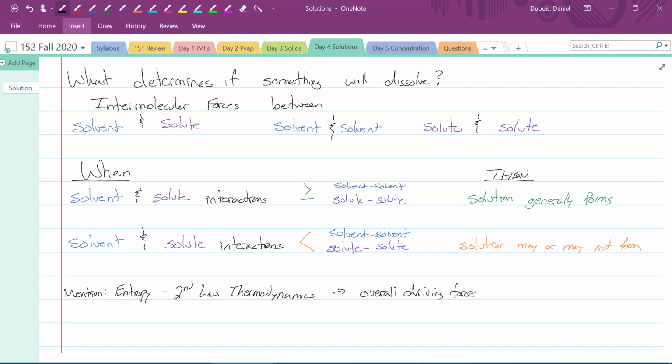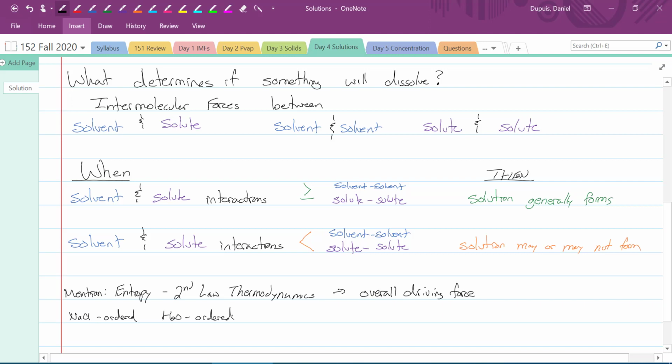Okay, so what does it do? So the entropy is more of a disorder thing, and it sounds weird. We'll explain it more. If we have, so NaCl would be ordered. H2O is somewhat ordered.